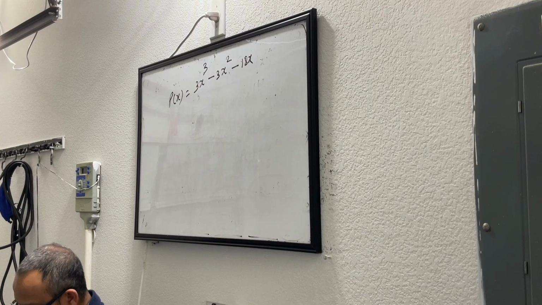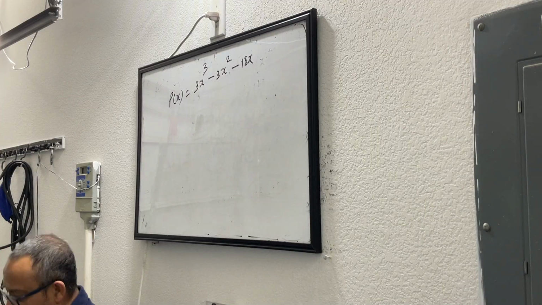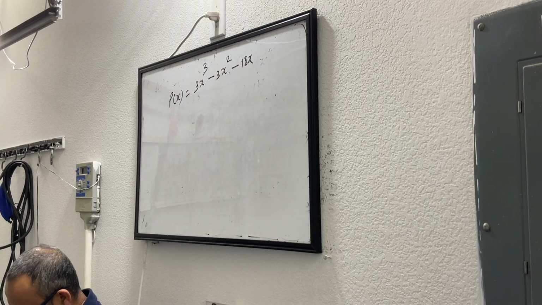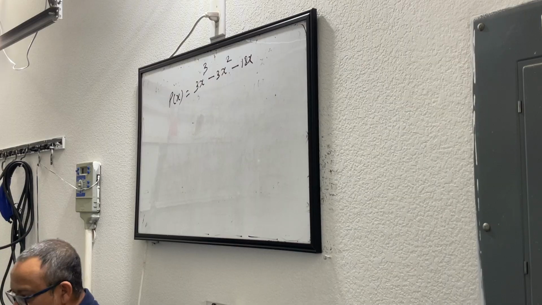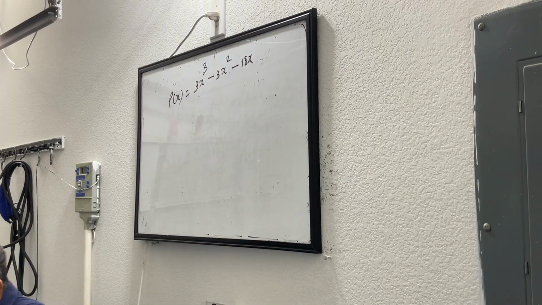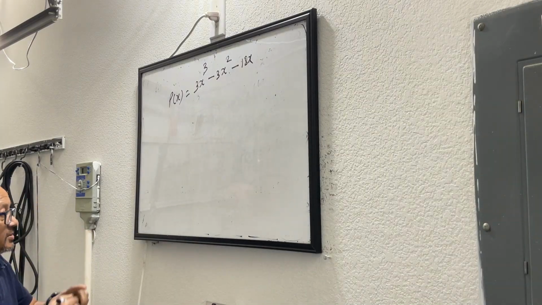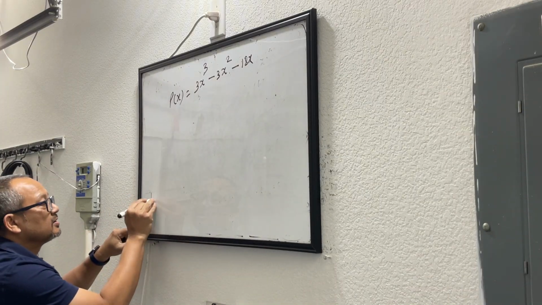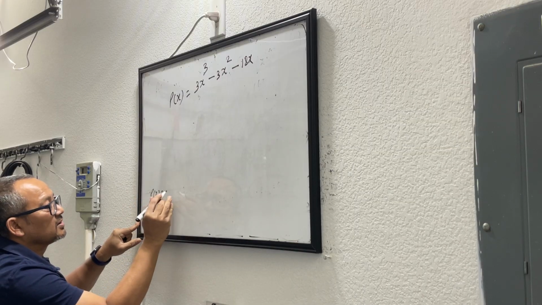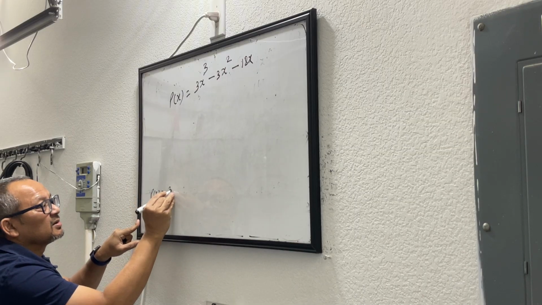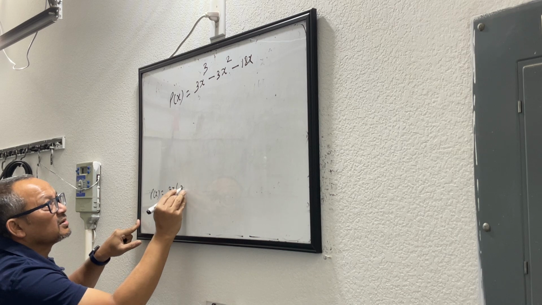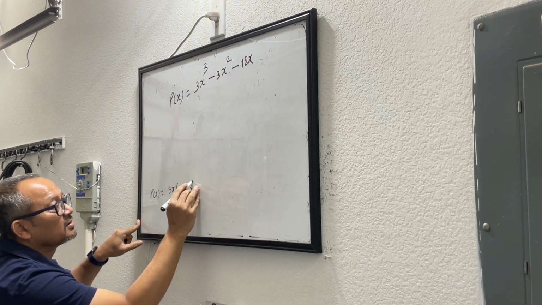Sir, I got it. I got P(x) equals 3x times (x minus 3) times (x plus 2).